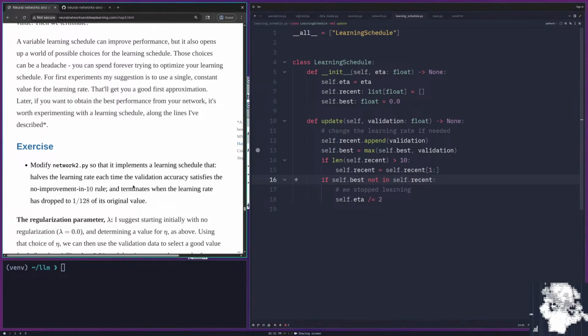I'm not going to do the terminates thing. I'm just going to have it keep running, and we can stop it ourselves.